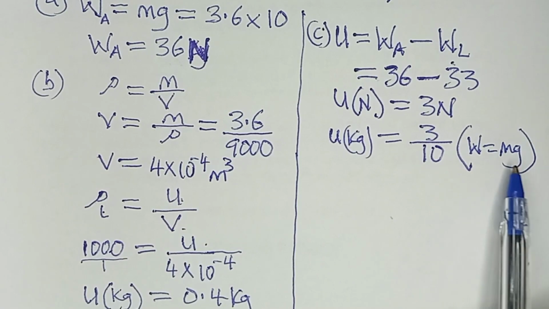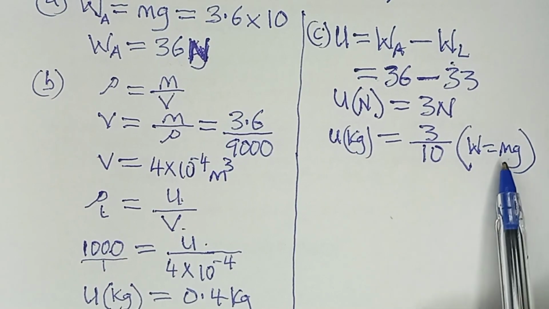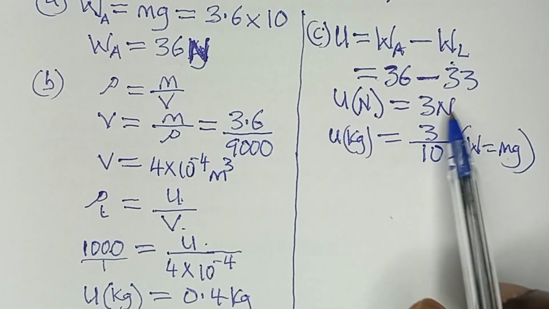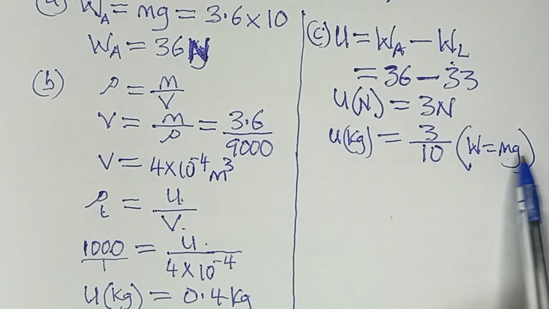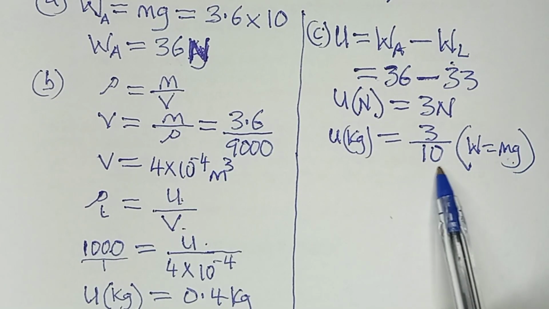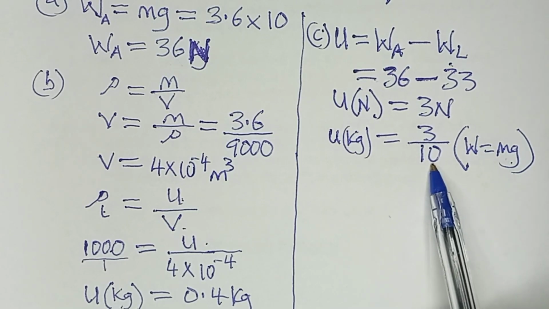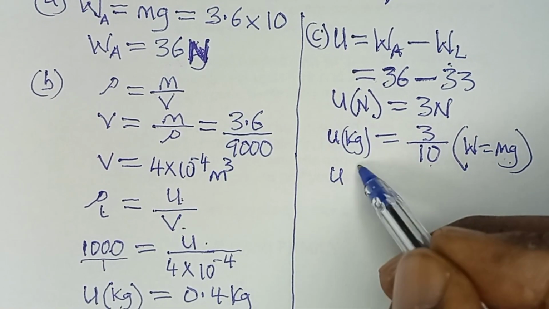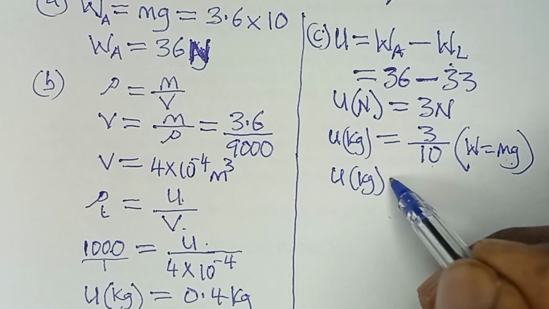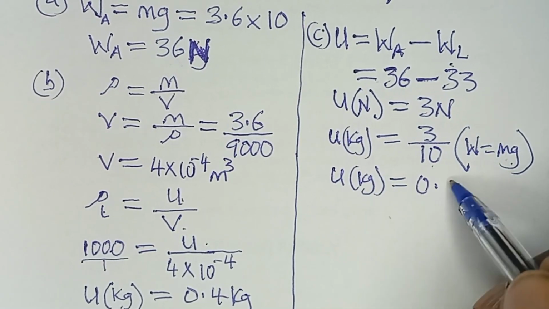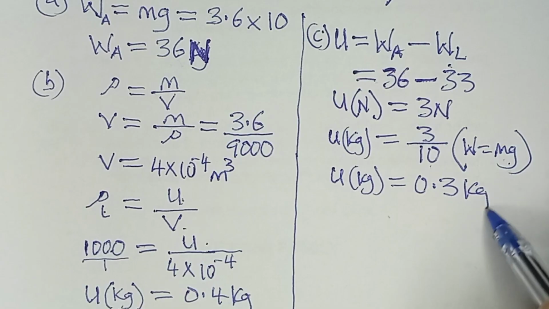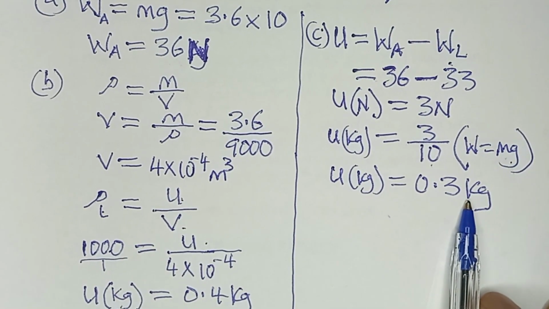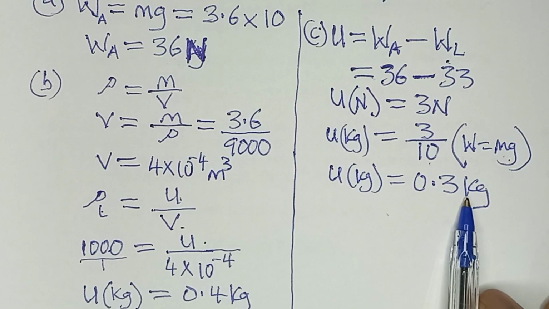So when you are looking for the mass, you simply divide both sides by g. So that's why I'm saying 3, which is the weight, divided by 10, which is the value for acceleration due to gravity. And that will give us the upthrust in kilogram as 0.3 kilogram. So this is the upthrust of the metal inside that liquid.